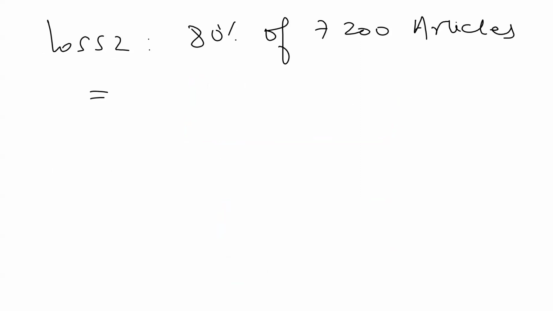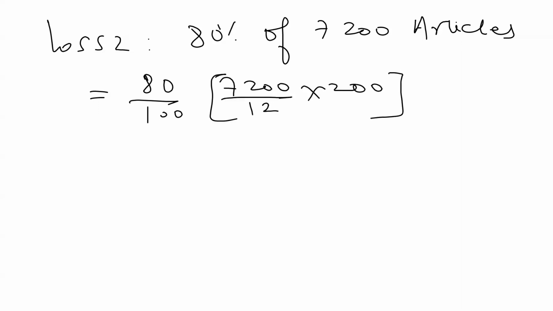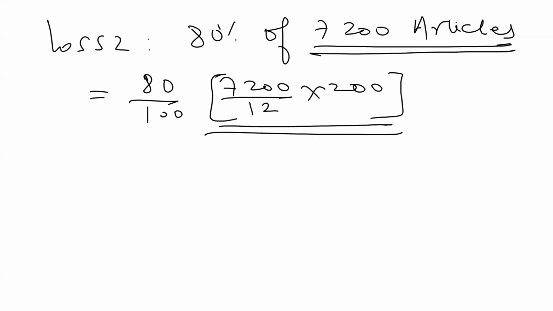When I say 80% of 7,200 articles, we'll have to calculate the monetary value. So 80 upon 100 into 7,200 upon 12 into 200. What is the value of 7,200 articles? It is 7,200 upon 12 into 200.